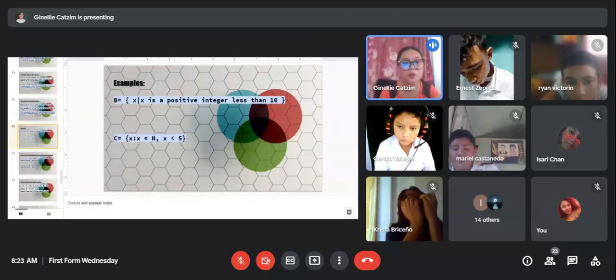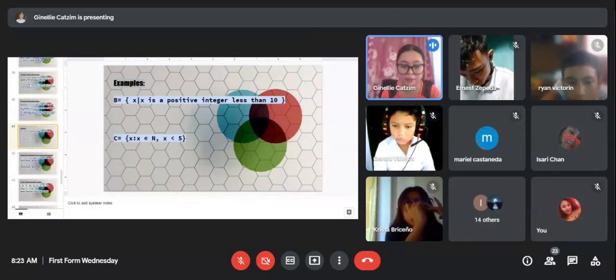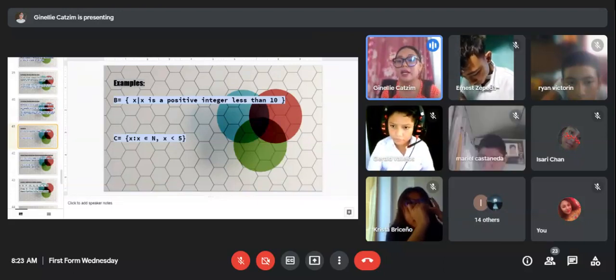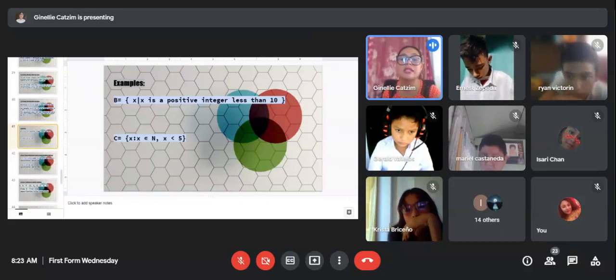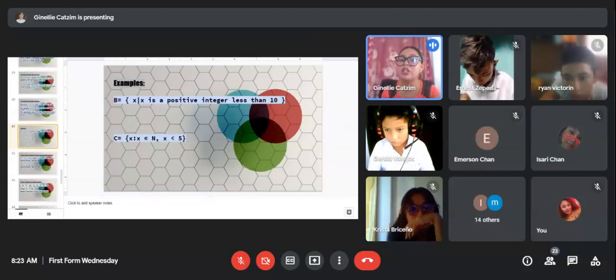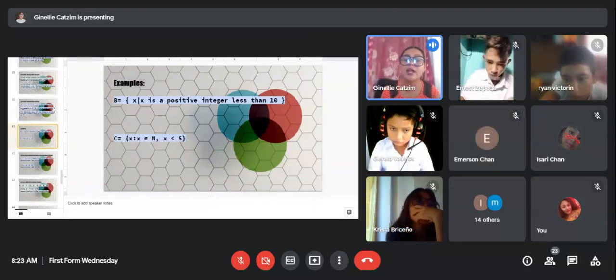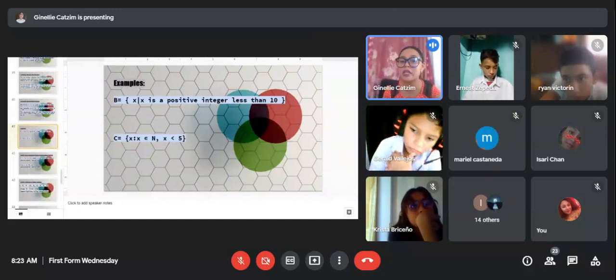Because you will find some of that in your assignment. And if you do not know, find help. Very good, Gerald, E means element of. So we can see that X is an element of the natural numbers, right? And X is less than 5. That is what C is saying.